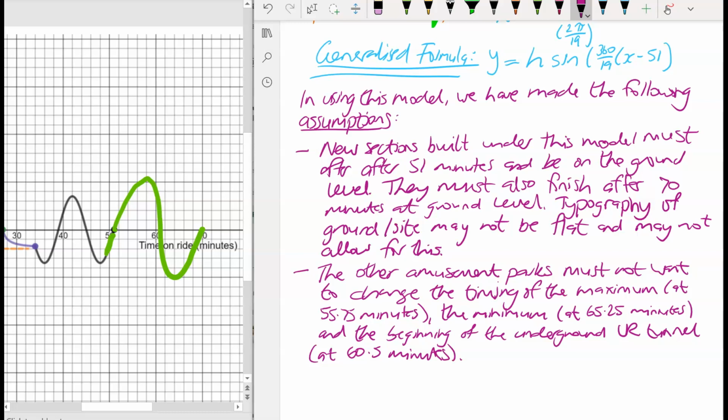So basically, if they're wanting any change to any of those three features, our model would not be appropriate.